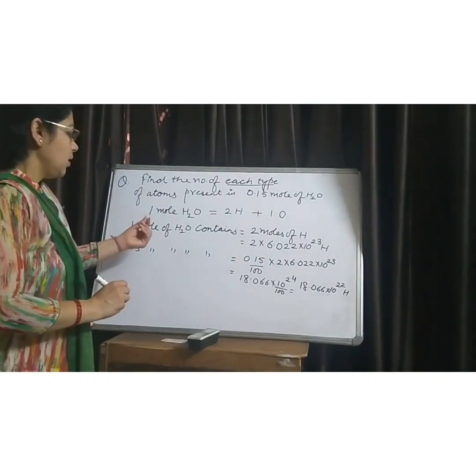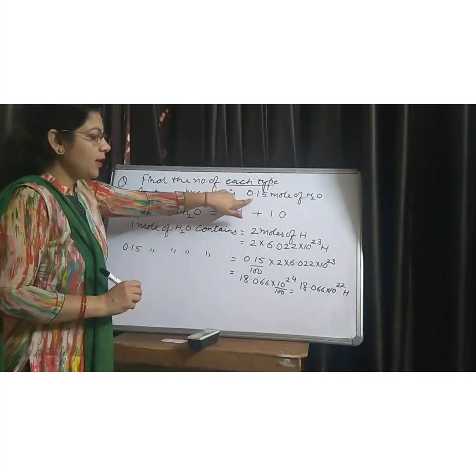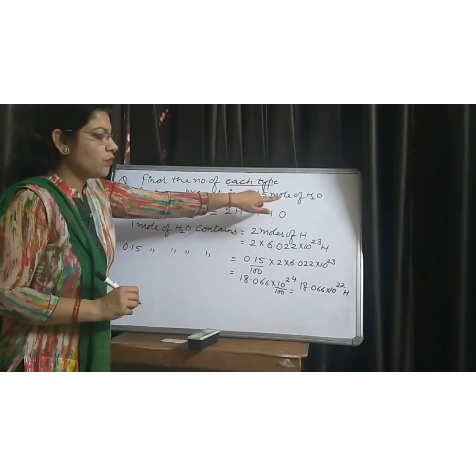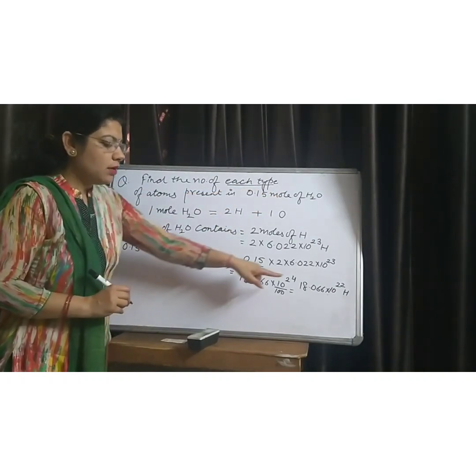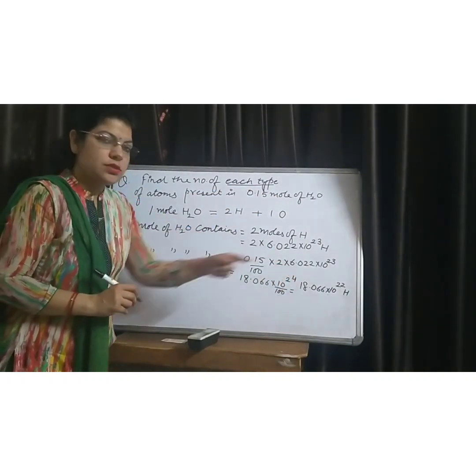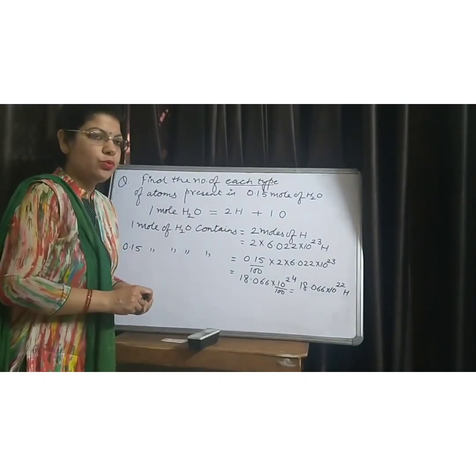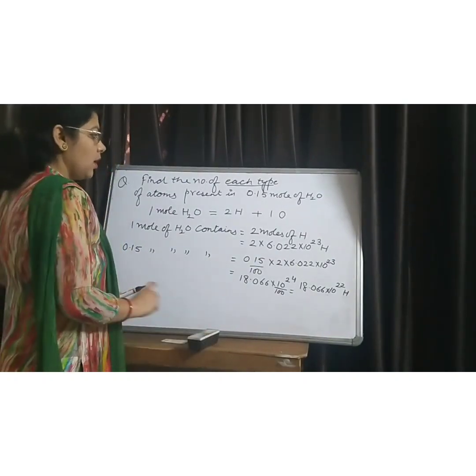It means in 0.15 moles of water, there are 18.066 into 10 to the power 22 hydrogen atoms.